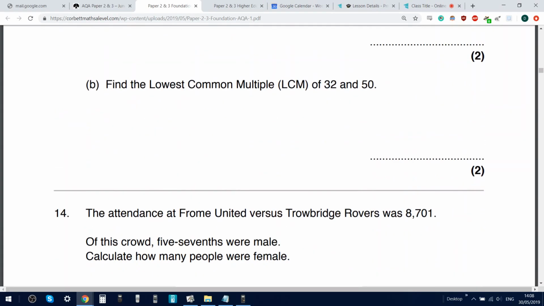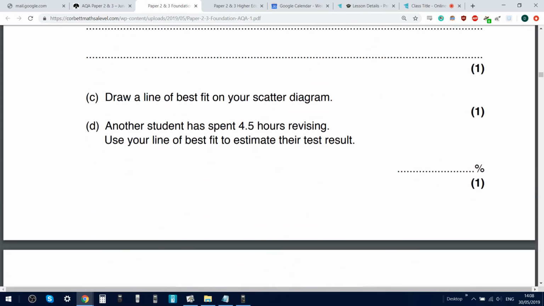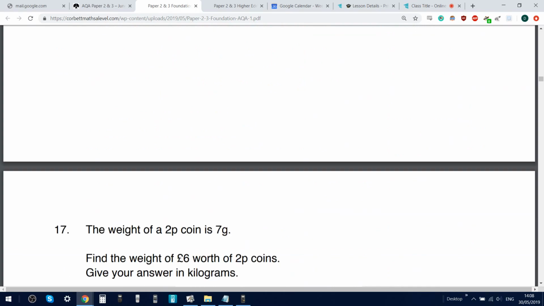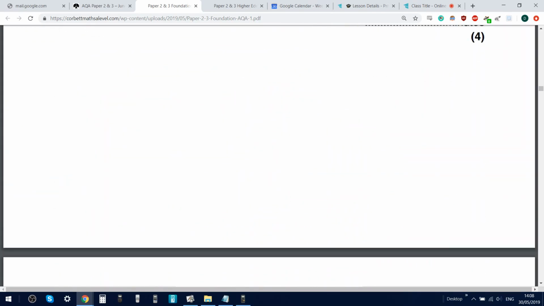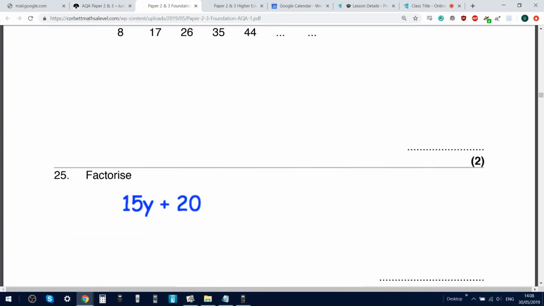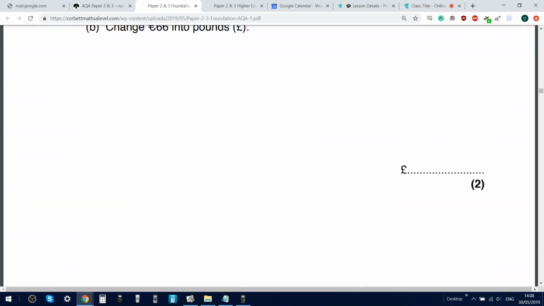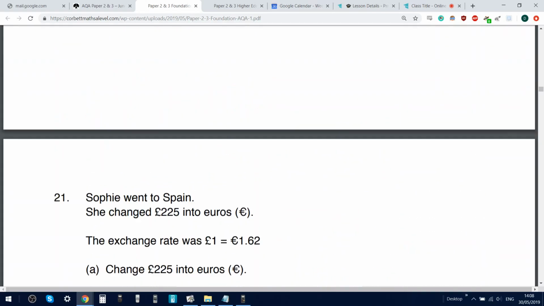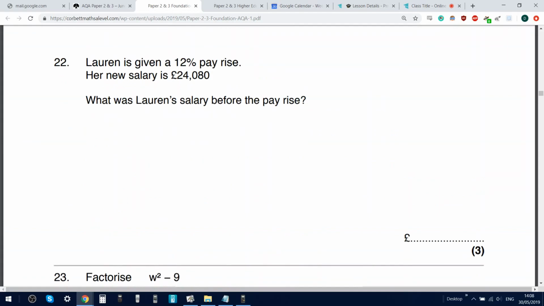It was w squared minus 9, and I wrote outside the bracket 3w and then w minus 3 within the brackets. But that would be wrong, wouldn't it? Because then it would be 9 minus 9w, and it just confused me.